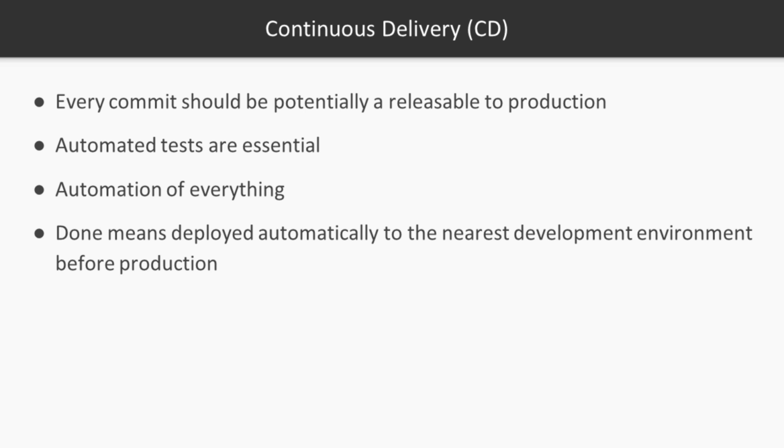And last but not least, a principle stands for the meaning of done of a job. Basically, done means deployed automatically to the nearest development environment before production. It could be understood as we can say that we have done our job only after our change passes all phases of verification, with deployment to at least one or two environments before production and is verified successfully there.